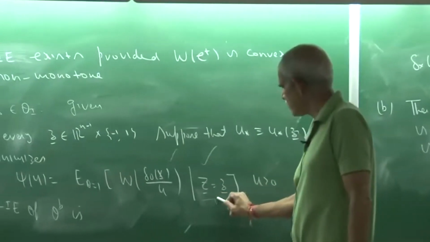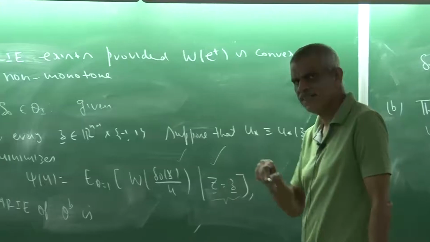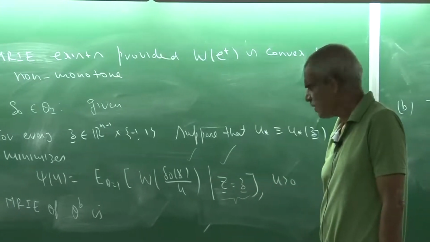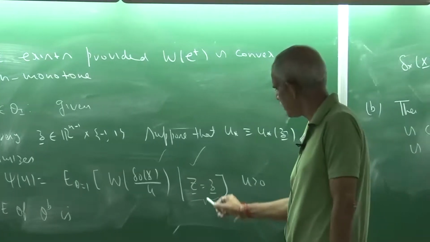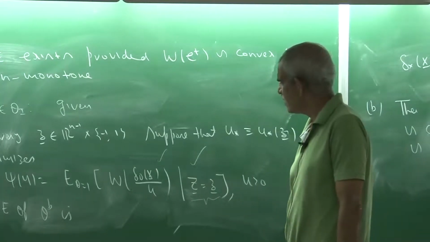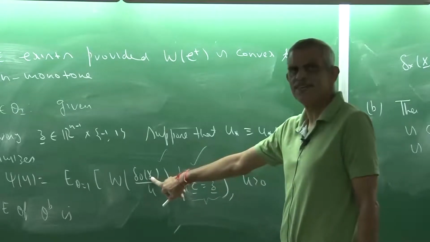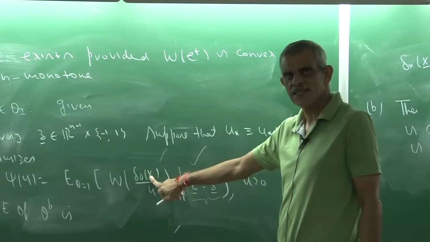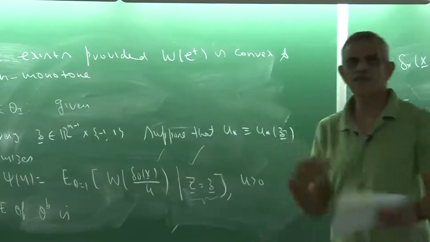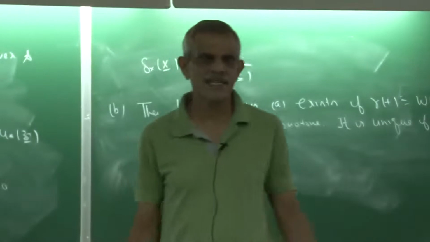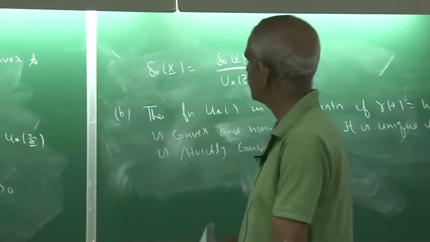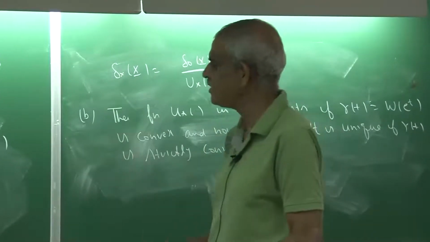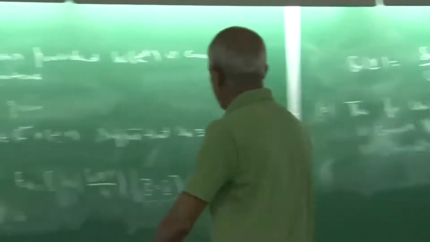In the location case, in place of Z there I had a D, and D turns out to be ancillary. So if the same thing happens here, that Z turns out to be ancillary, then this suggests that I should choose my delta naught belonging to D_i such that delta naught is a function of a complete sufficient statistic. Then delta naught and Z would become independent, and life becomes simpler. Then I don't have to deal with this conditional expectation. So the question is whether this Z is ancillary or not. That is straightforward to see.